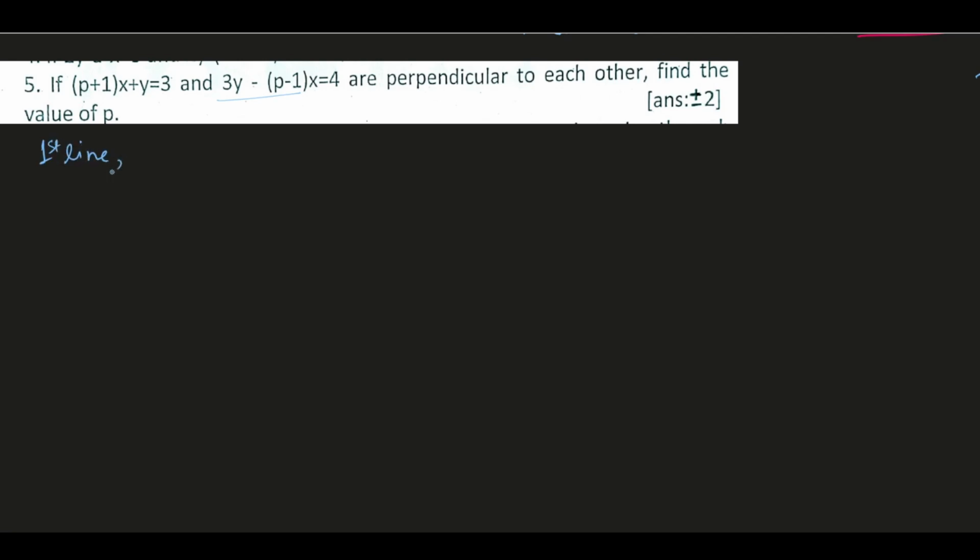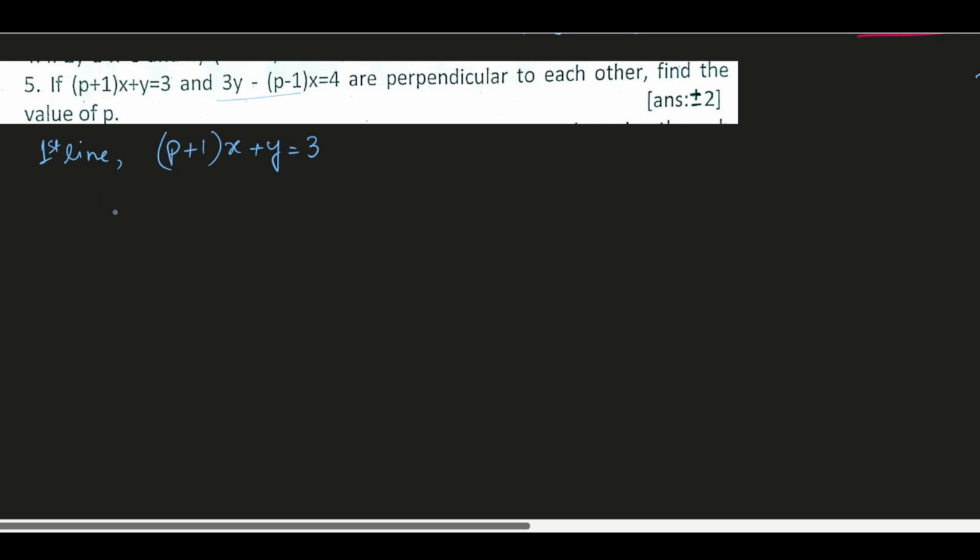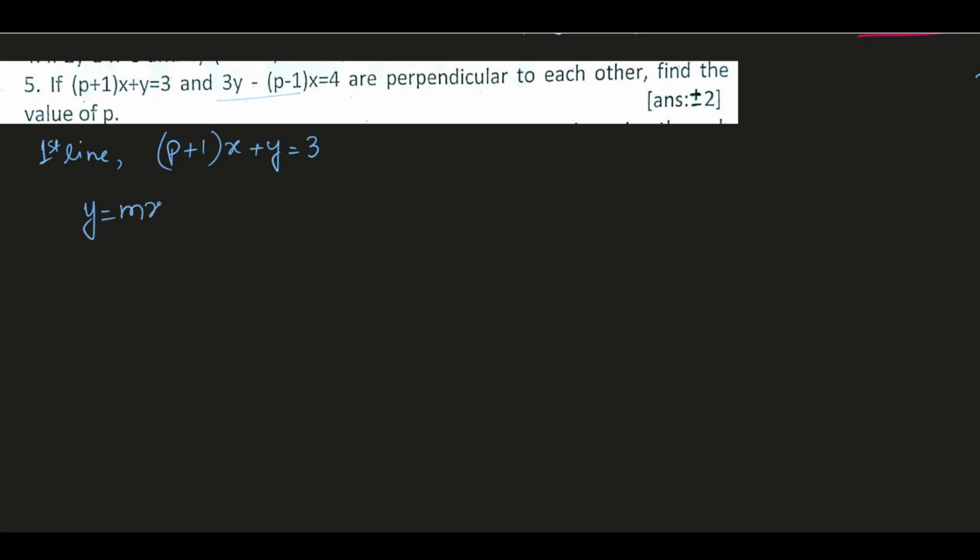The equation of the first line is (p plus 1) into x plus y is equal to 3. Let's rearrange it in the form of y is equal to mx plus c.